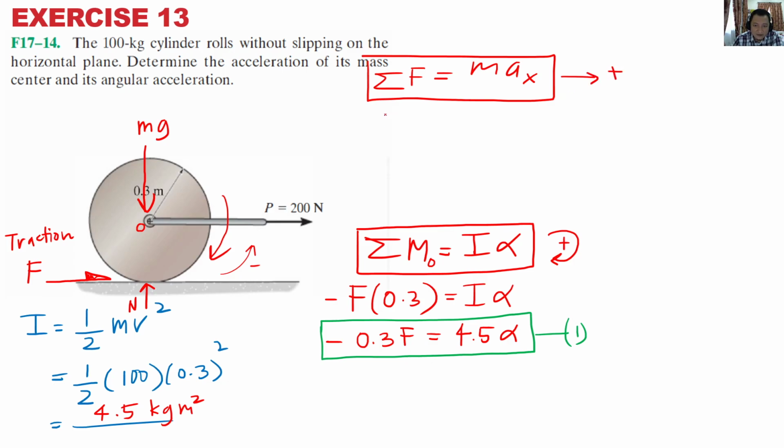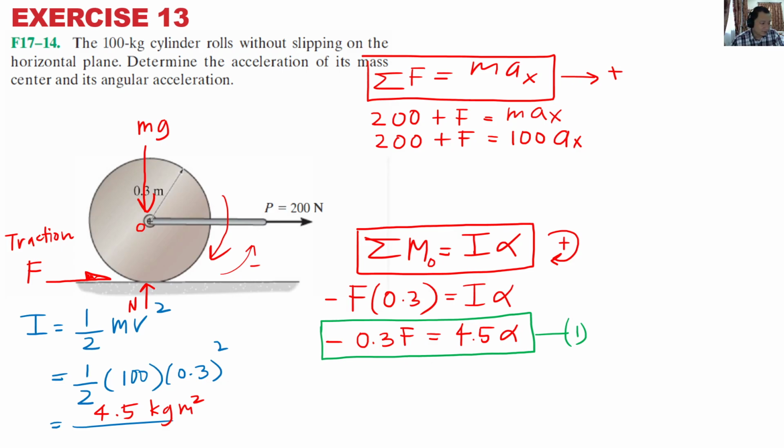So you have 200 plus F. This one is equivalent to mass times acceleration, mass times AX. So you got 200 plus F is equivalent to 100 AX.